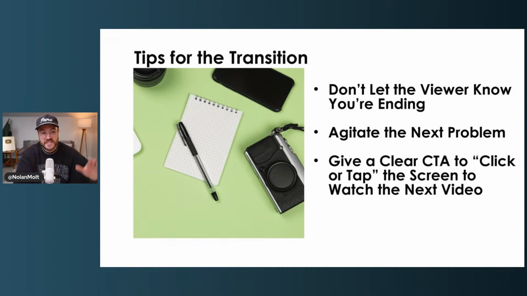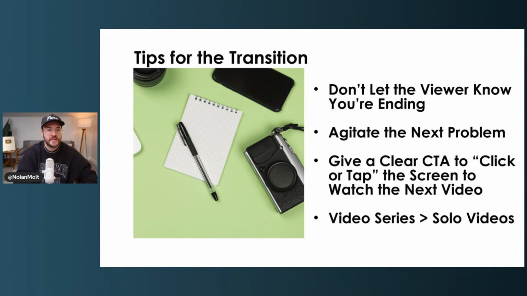Another thing is to just give that clear call to action. Click or tap on the screen here. Watch the next video. And just saying that at the very end, that is the call to action that you really want to be giving. And then lastly, you want to send someone to a video series instead of solo videos, because when you send someone to another video where it's a series and they go from one to the next, to the next, to the next, that is key because now they're not just watching 2 videos, they're watching 5, 6, 7, 8.